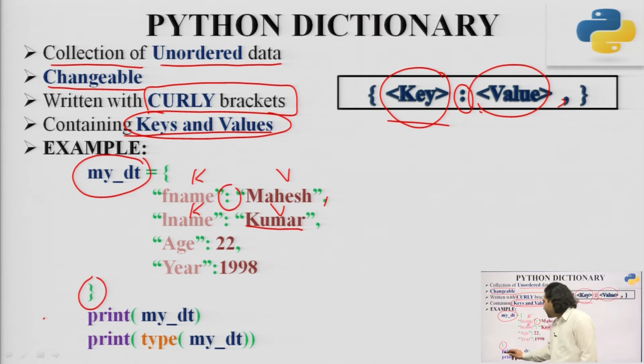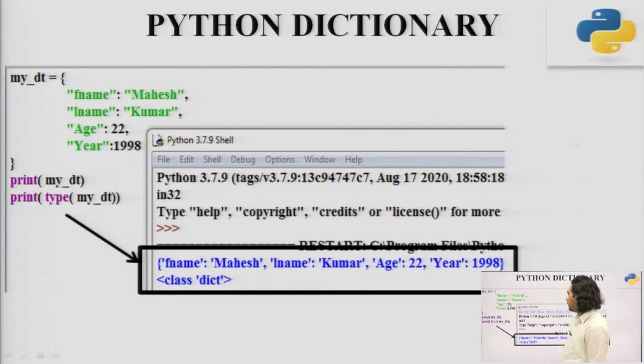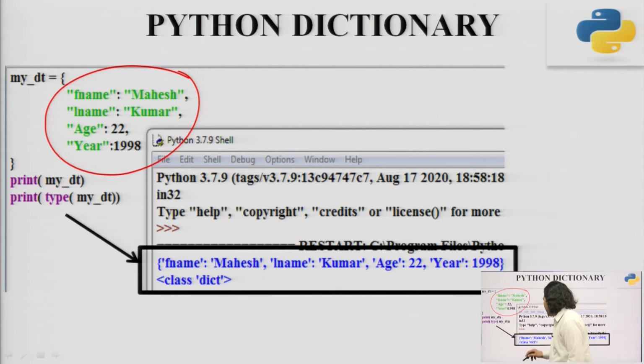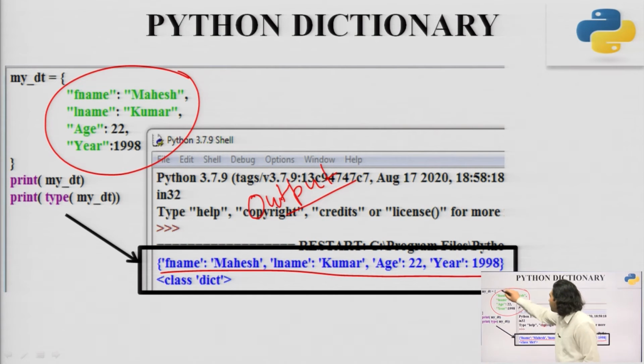The next thing is we are using the print function to print out the content of this variable, followed by checking the type of this variable with the help of the type function. Now, let us consider the output of this program. Here you can see that this is our dictionary variable and the information is shown as the output of this program code.